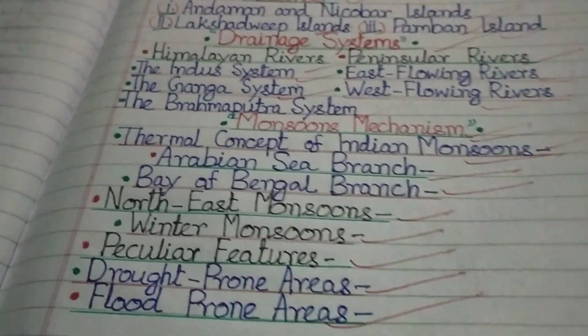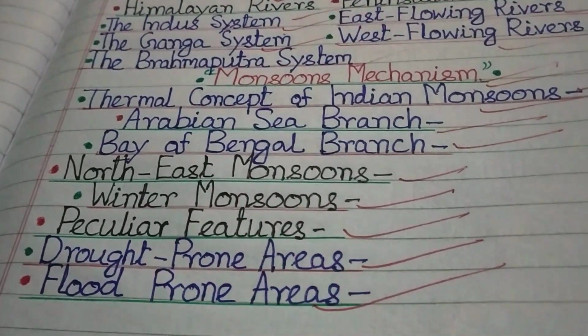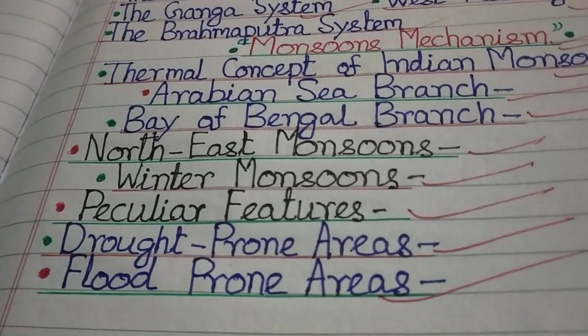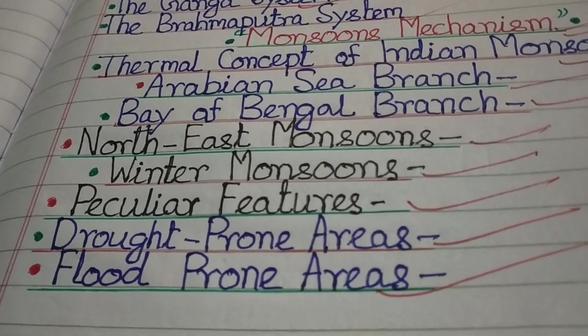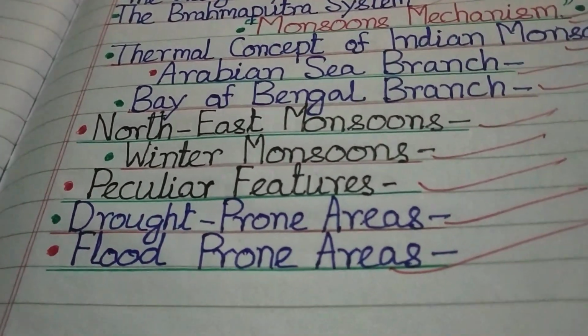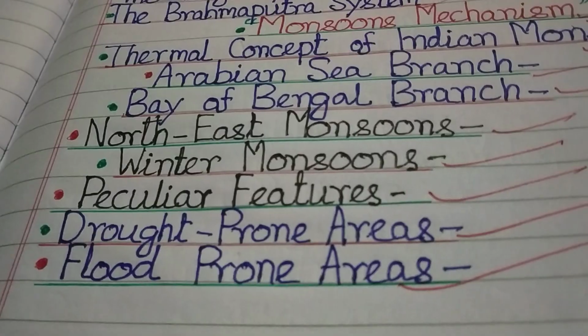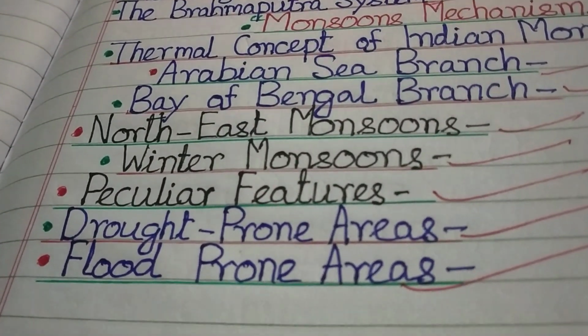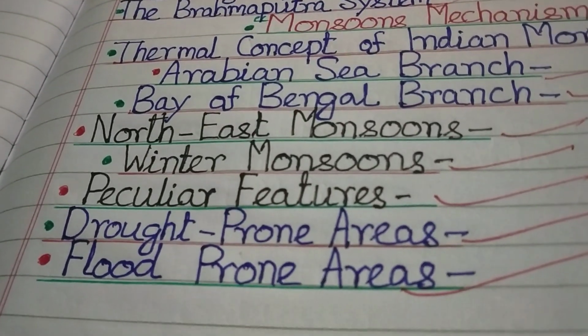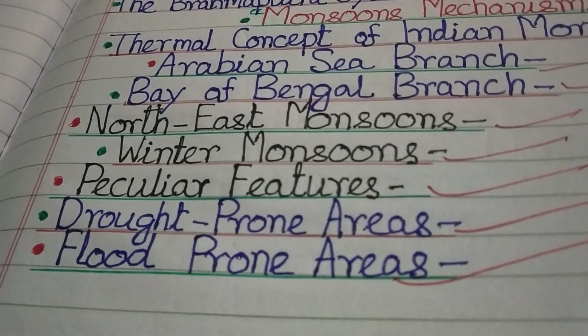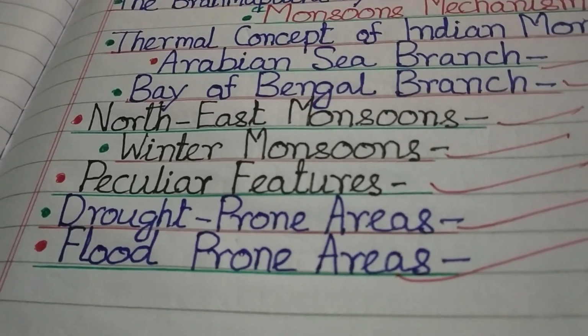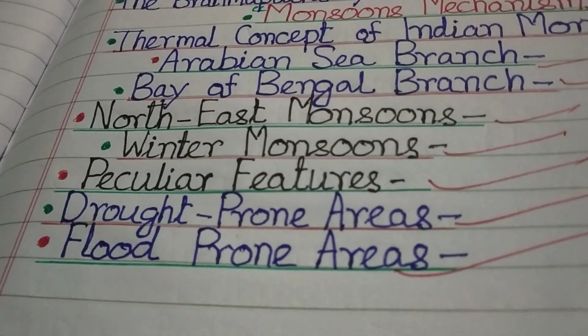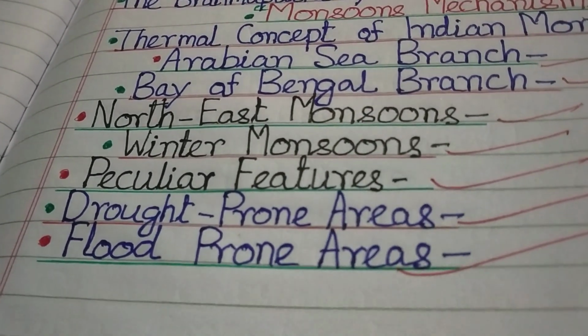So, now we'll go to the retreating or the northeast monsoon. Towards the end of September, the low pressure center in the northwest begins to disintegrate and eventually shifts to the equatorial region.